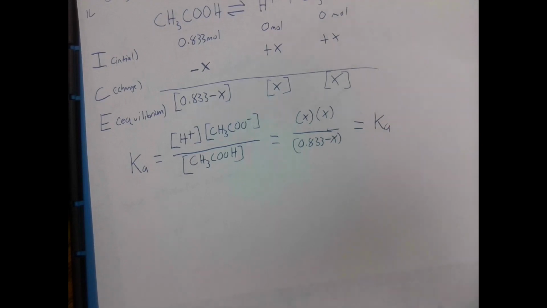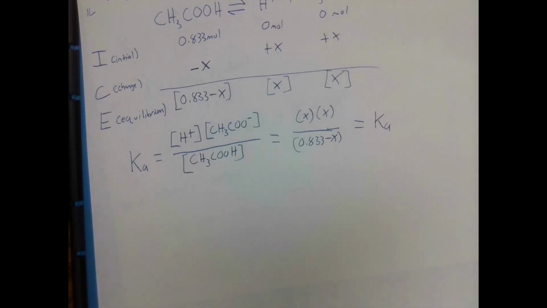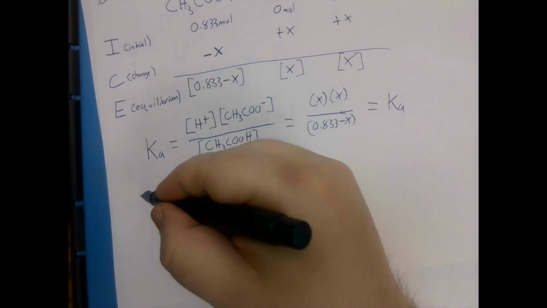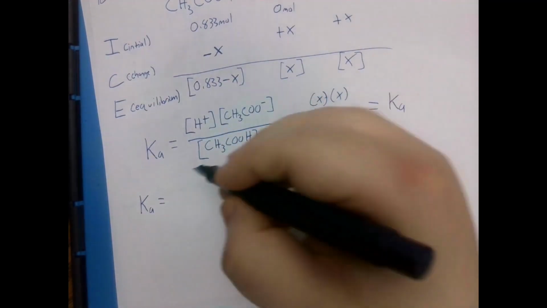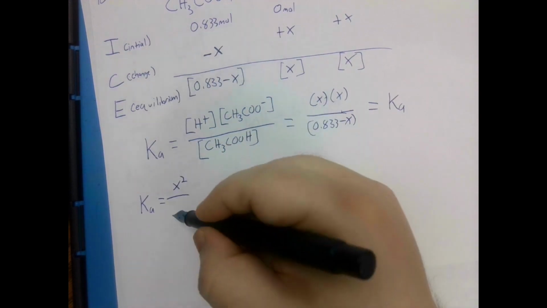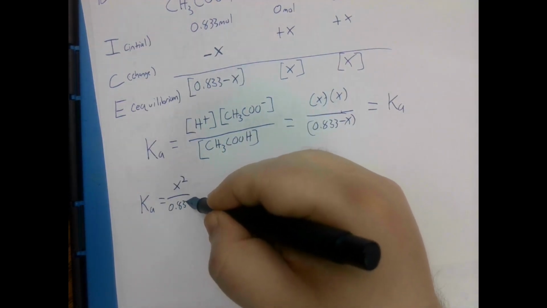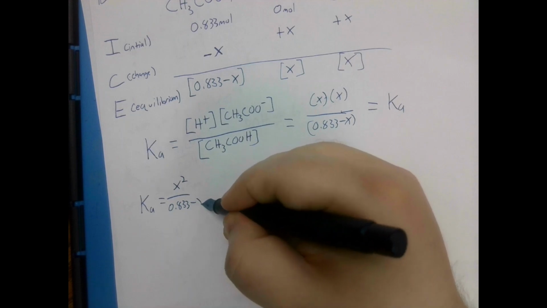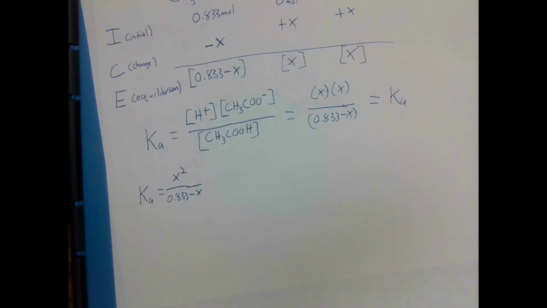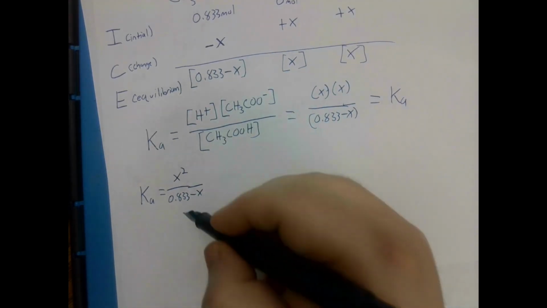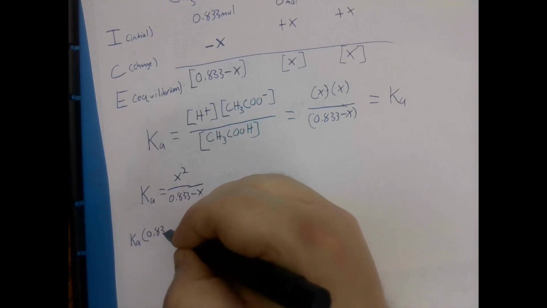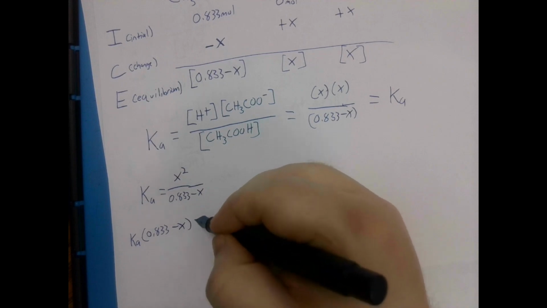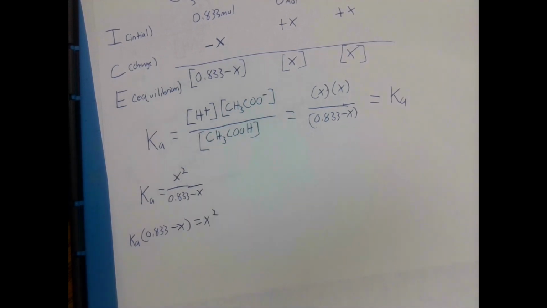And I'm going to do this in 2 different ways. So I have Ka is equal to x squared divided by 0.833 minus x. Solving for this algebraically, Ka times 0.833 minus x is equal to x squared.